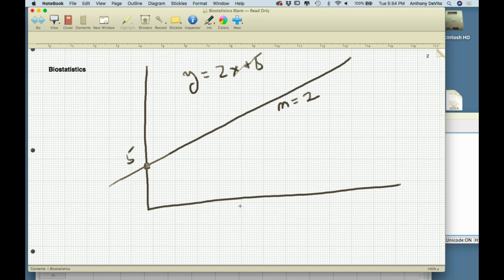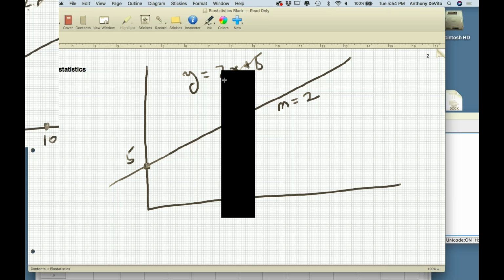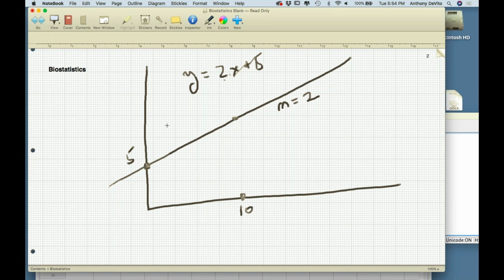So I can find the value of that line for any value of x. If x is 10, this would be 10 times 2 is 20, plus 5. This would be a y value of 25. All we need to know a formula for a line perfectly is the slope and the y-intercept. Well, let's go back to SPSS.